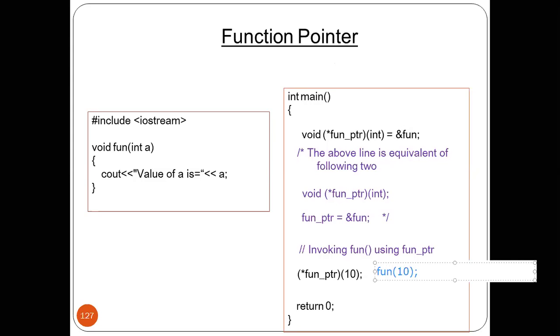All this term refers to fun_ptr. So when we pass this value, we are passing it through the function pointer. The output for this will be 10, the value of a is 10, right?